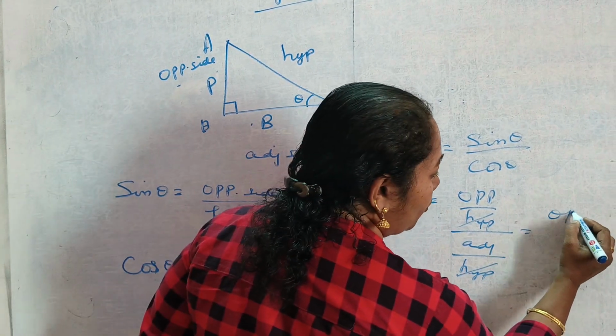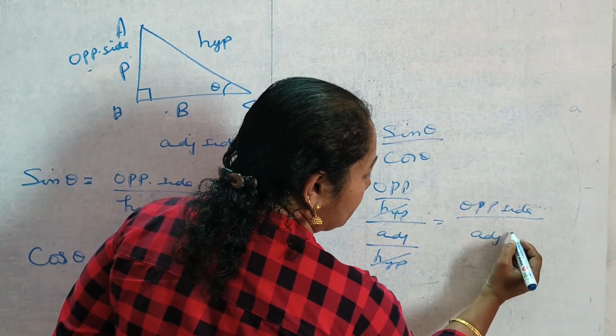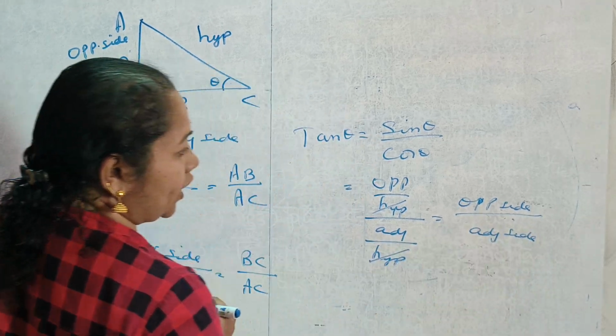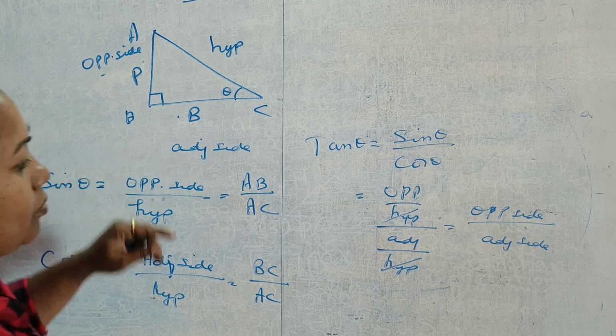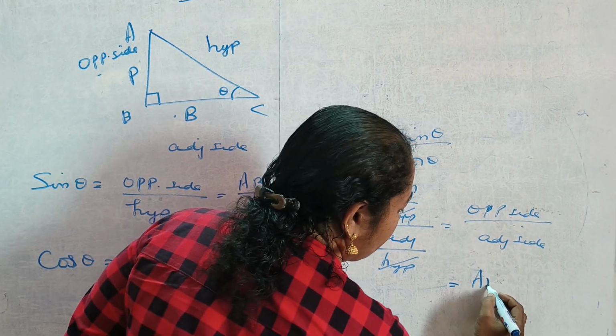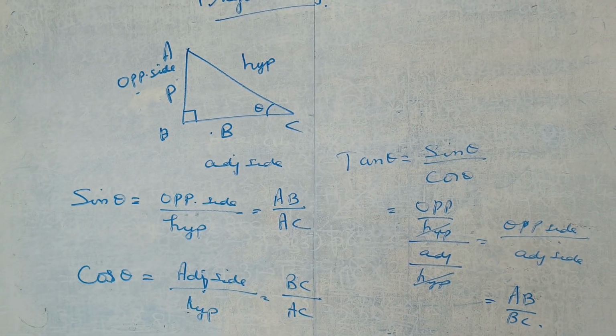Now the answer is opposite side upon adjacent side. That is, opposite side AB upon BC. So sin theta, cos theta, tan theta.